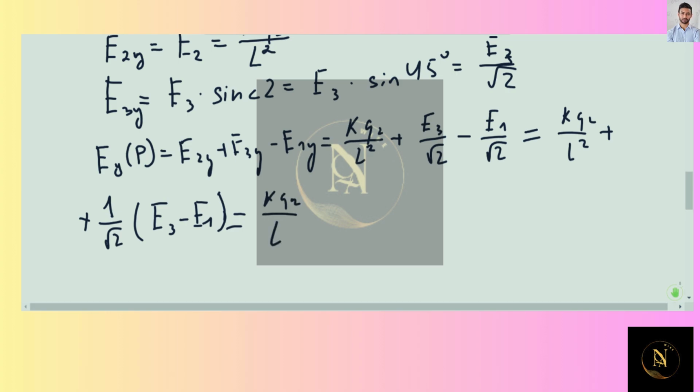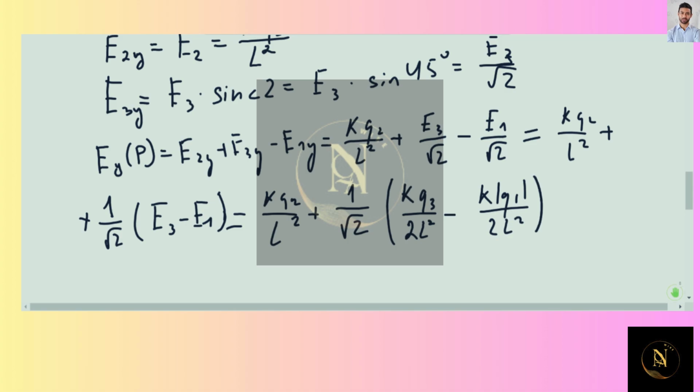So this term doesn't change, plus 1 over square root of 2 multiplied by kq3 divided by 2L squared minus k absolute value of q1, because we've taken into account the sign of the charge already, divided by 2L squared.